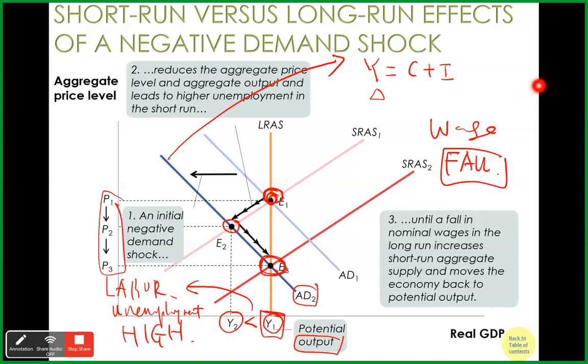What is another important term we ignore or assume away when we discuss aggregate demand? What are the terms in aggregate expenditure when we calculate GDP? Besides C and I, what else do we have?